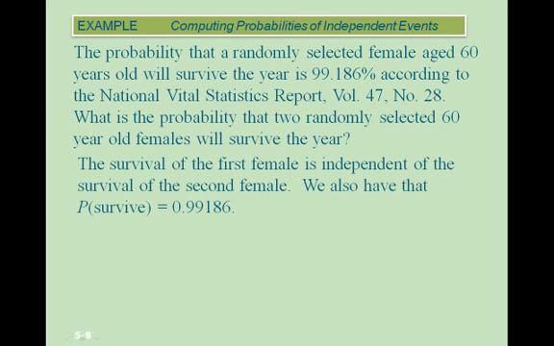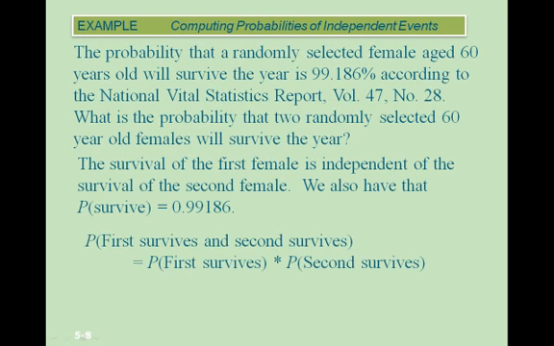So we also have that the probability they will survive is equal to 0.99186. So then we can see, since they're independent, the probability the first survives and the second survives is equal to the probability the first one will survive times the probability the second one will survive.